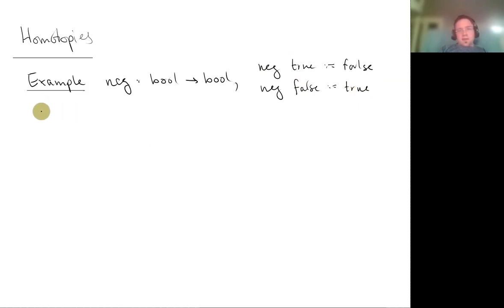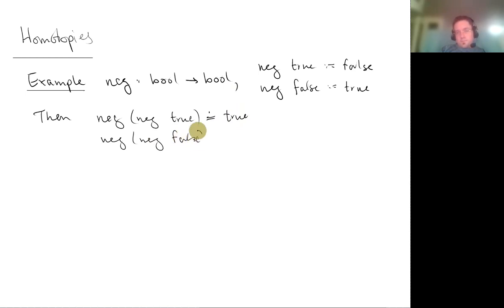Okay, so if we make this definition, then if we do this twice, the negation of negation of true will be definitionally equal to negation of false, which is true. And the negation of negation of false is definitionally equal to false, so judgmentally equal to false.